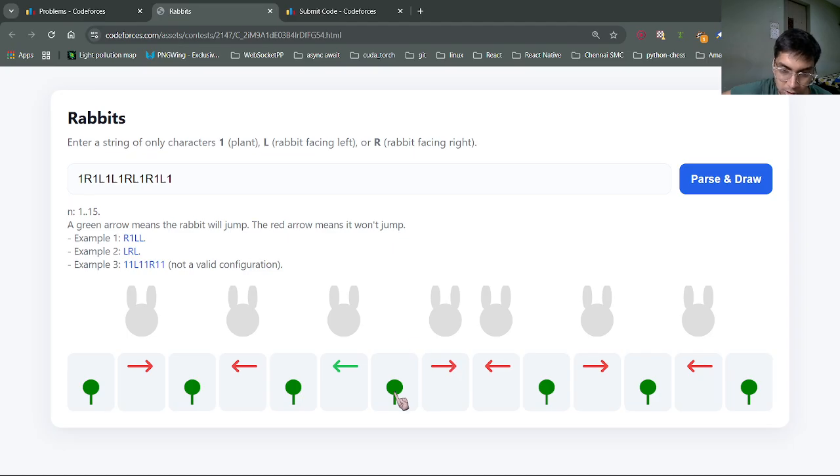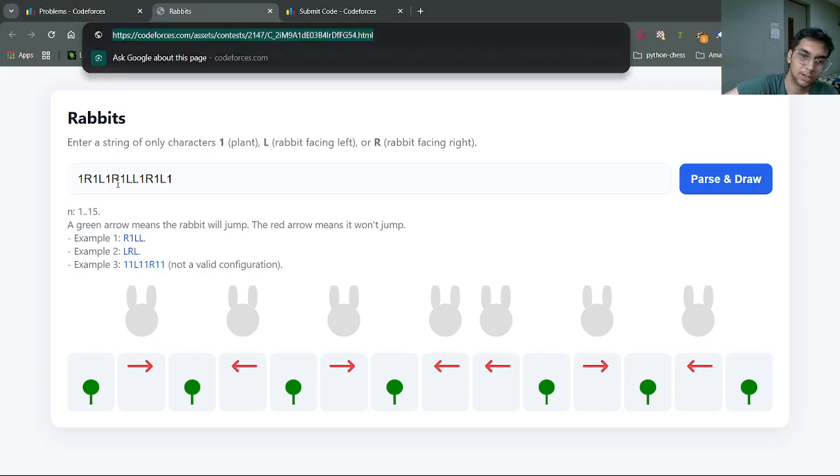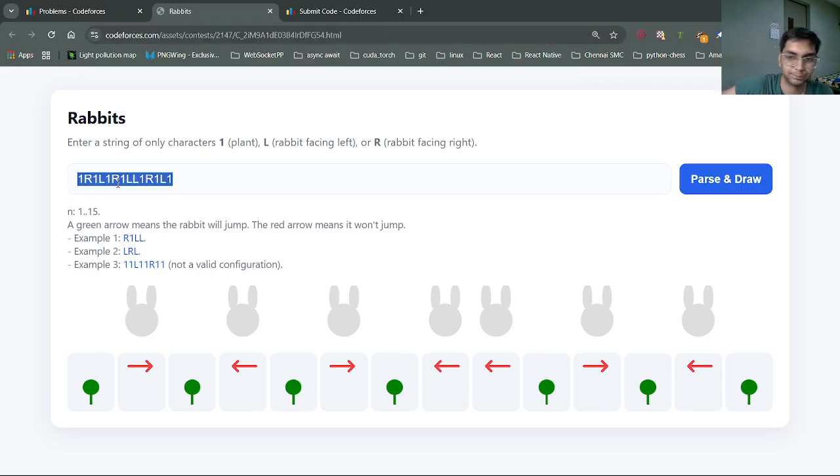If you change it to left, oh my god, it works. Oh god, it works. It works. We are wrong again.